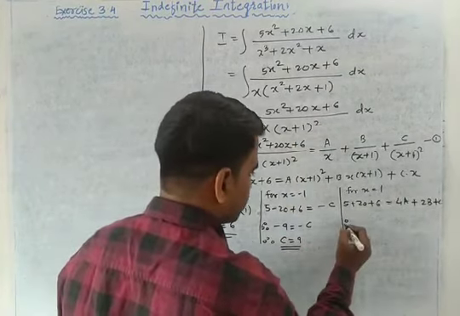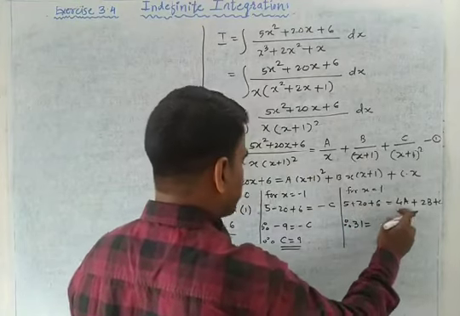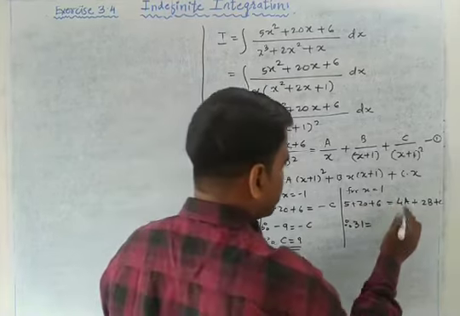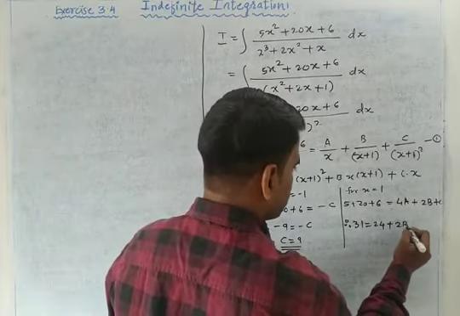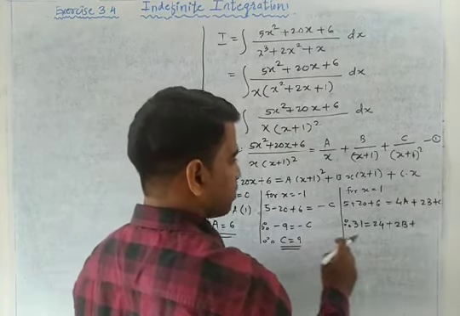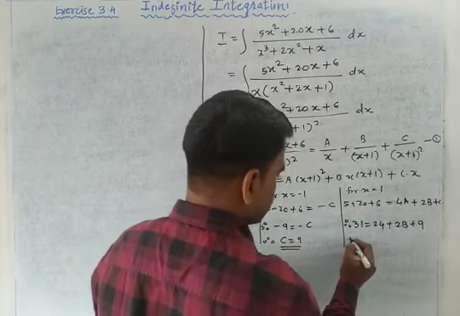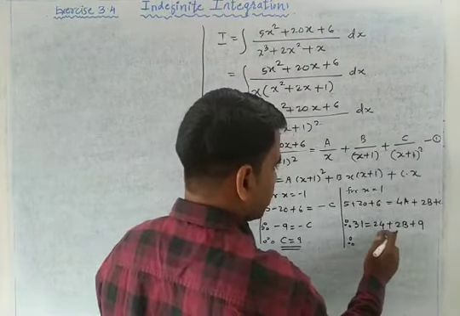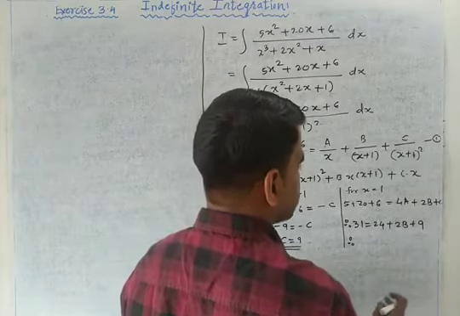Get that? Therefore 26 plus 5 is 31, equal to, but the value of A is 6, so 4 into 6 is 24. Value of B we don't know, and the value of C is 9. So now, 24 plus 9 is, what is the number? 33.